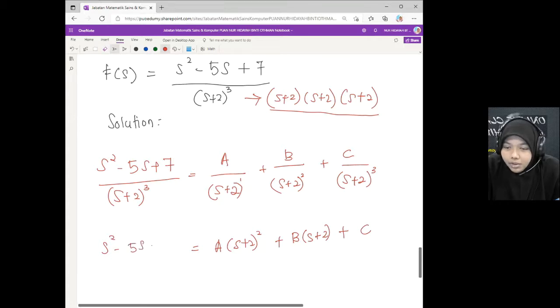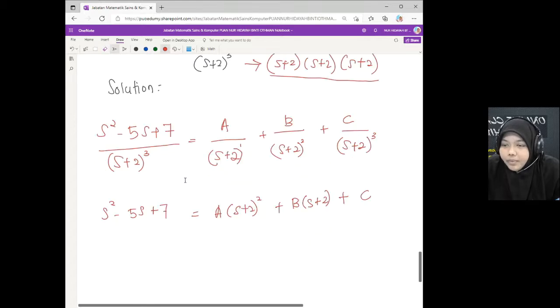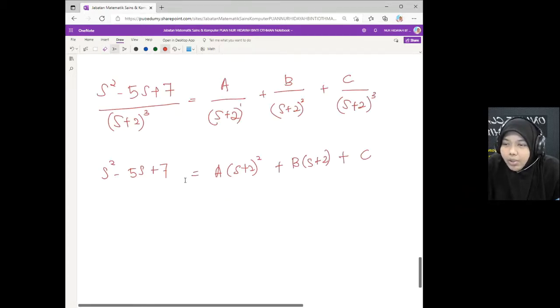Okay, so yang tu boleh nampak ya. Sampai di sini, bila pembawah semua dah sama, jadi pembawah ni kita tak perlu tulis lah sebab kita nak comparing ya. So before comparing, sebelum kita nak comparing, kita akan expanding lah.